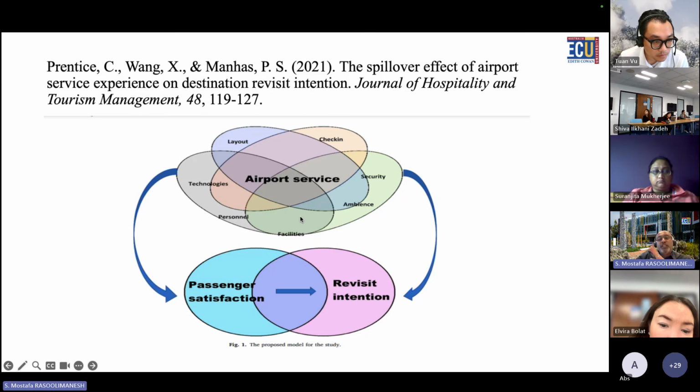Based on different groups of customers or passengers, different combinations can generate satisfaction and revisit intention. So this study used fsQCA to identify different sufficient combinations that can lead to satisfaction and revisit intention.